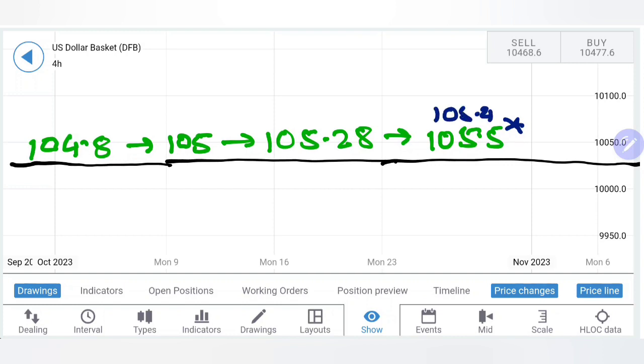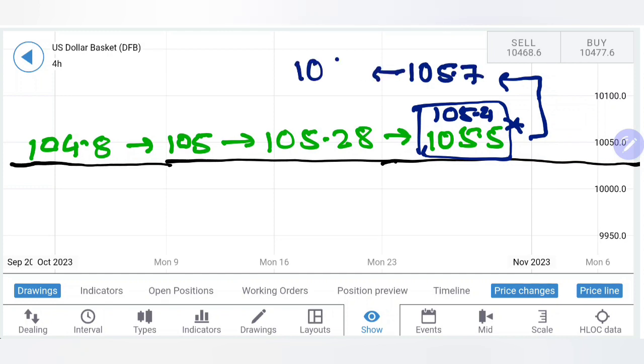Let me include 105.4 as well. This is going to be the strongest resistance on the upside. If it stays beyond this, you can say more bullishness may prevail. We can look forward to 105.7 and 106 level. This is the next milestone, only above which you can say slight bullishness in prices can be seen, and then it will lead towards a complete recovery.